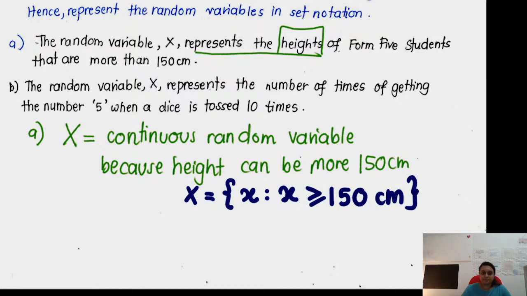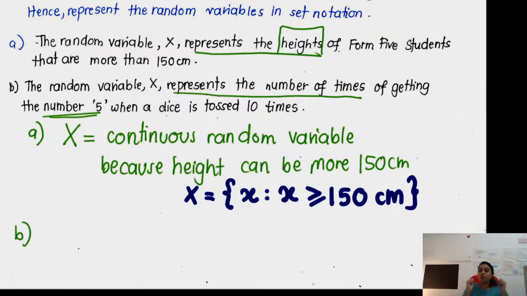Okay, B. The random variable X represents the number of times getting the number 5 when a dice is tossed 10 times. So this one you know for sure they are going to do 10 times only. So you got 10 outcomes only. You won't have a lot of outcomes, uncountable outcomes.